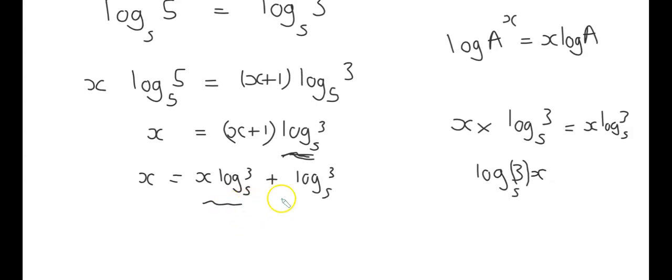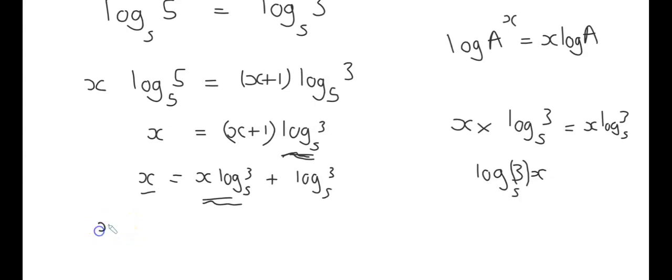Okay, so we have this over here. Now, how can we make x the subject? Remember, we're trying to solve for x, we want to make x the subject. Now, the problem in this equation is we've got more than one term containing x. So this is a common technique that you may have come across at GCSE. When you've got more than one term containing x and you're trying to make x the subject, what we need to do is to group all the x containing terms on one side and then everything else on the other.